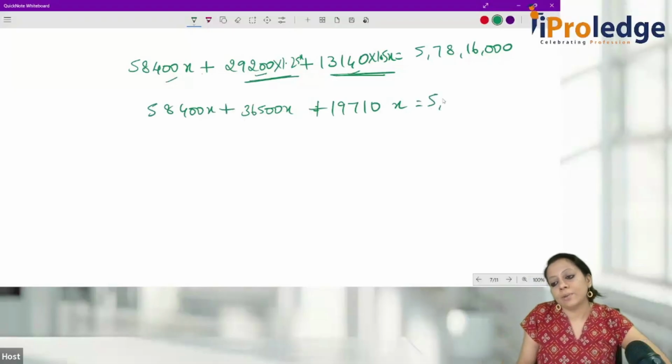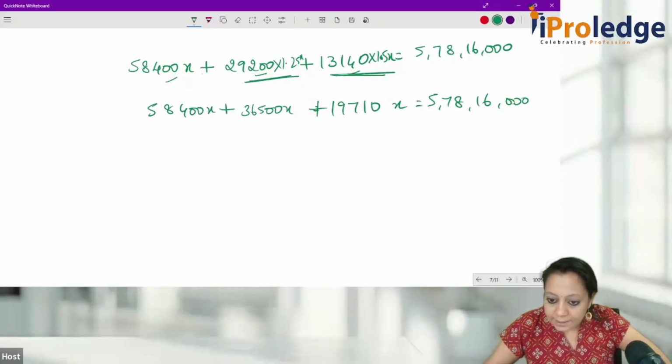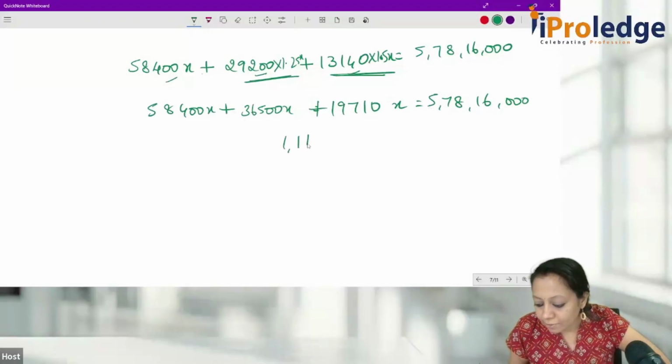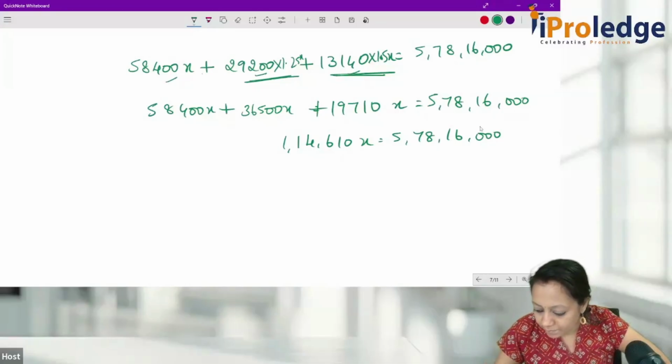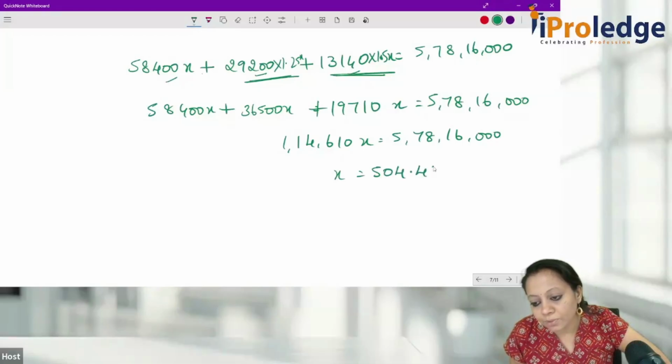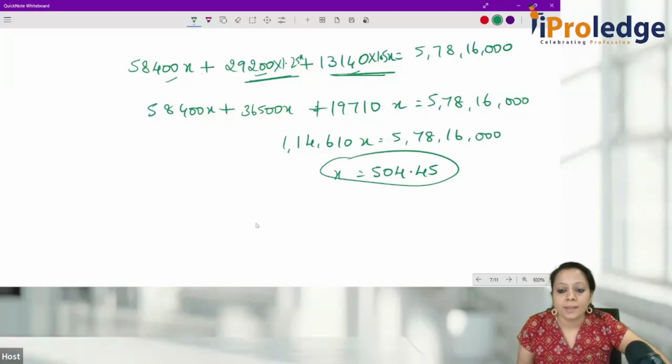So 5 crore 78 lakhs 16,000. 36,500 plus 58,400 plus 19,710 is equal to 1 lakh 14,610x, which is equal to 5 crore 78 lakh 16,000. X is equal to 504.45. It's a little bit easier. In the exam also you can follow this. Conceptually we learned that. Okay.